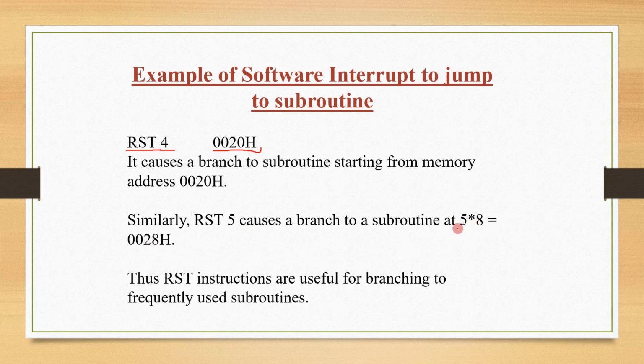When an RST interrupt is encountered by the microprocessor 8085, it knows that it has to jump to the subroutine starting from 0028H. We can calculate this address also. This we will see in a while, and this is a very important question.